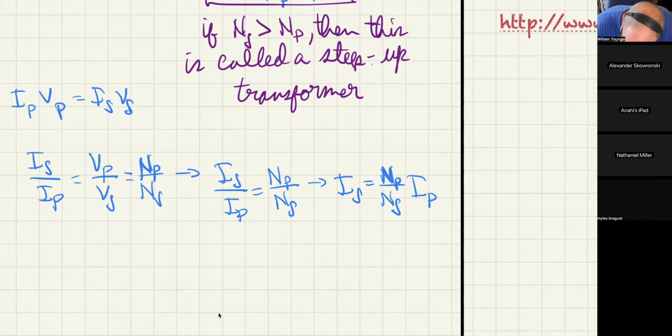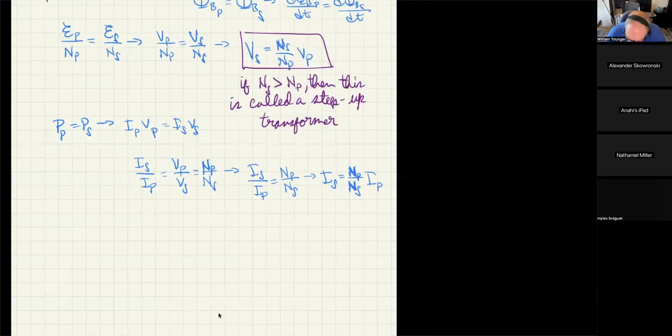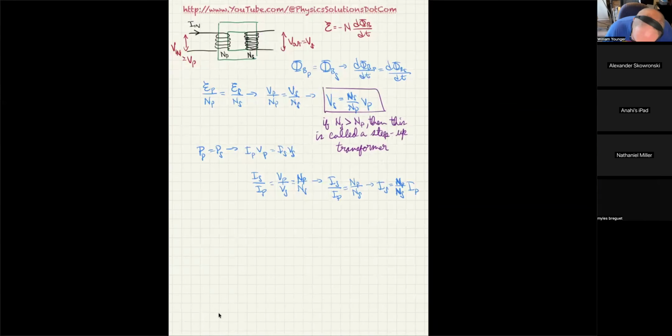I think within the field they try not to use the phrase step up and step down except when talking about voltage. At least I know my father practiced that, and he worked at Dominion Power for 30 some years. So, anyways, that's what you see. If you step the voltage up by a factor of 10,000, that means N S over N P is 10,000, and therefore I S would be 1 over 10,000 times I P, so it would step it down by the same amount.